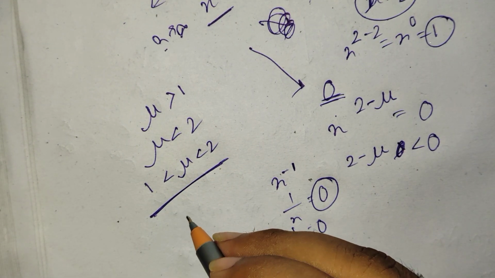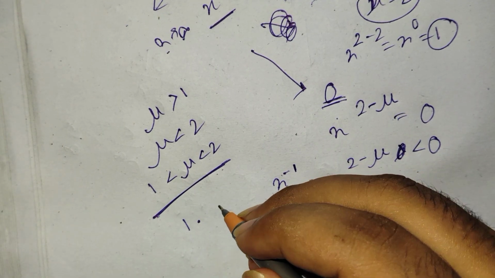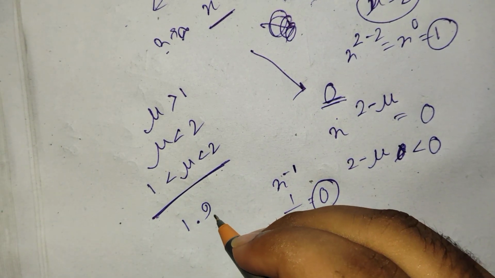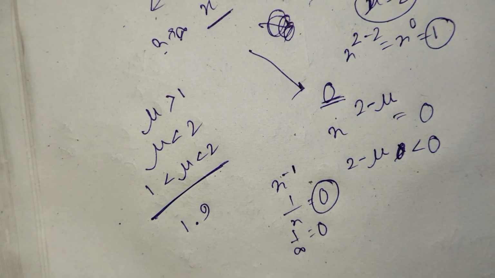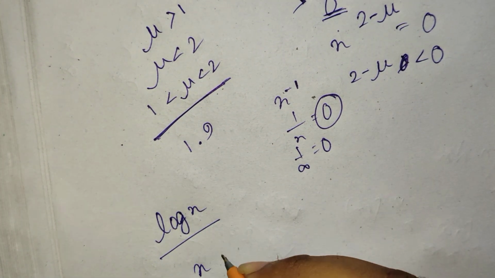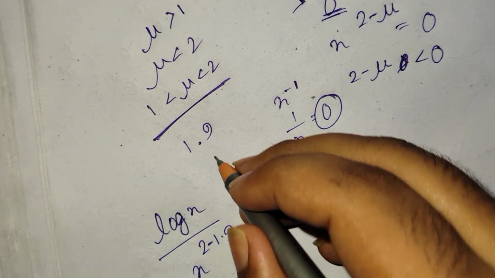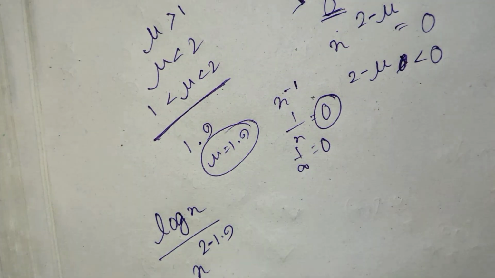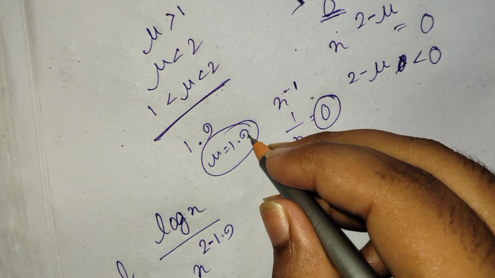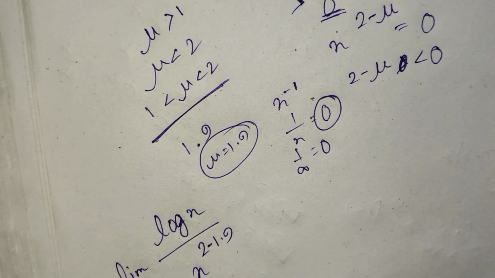So let's say we are talking about 1.9, which is less than 2. So this is log x, this is x to the power 2 minus 1.9. Let's say we are taking mu equals to 1.9, just assume it, which is less than 2 and greater than 1. Down here this is limit, x is tending to infinity.